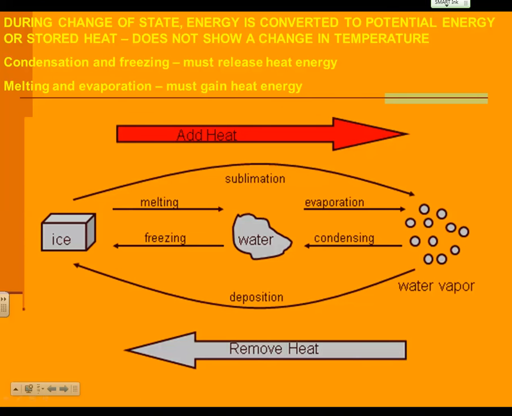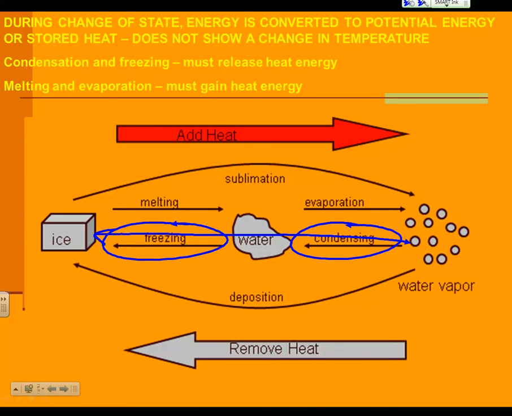Okay, during change of state, energy is converted to potential energy or stored heat, and this doesn't show a change in temperature. This is why the line stays flat for any phase change. It also mentions up there that condensation and freezing must release heat, and that's these two things. Must give up heat to go this direction, so there's our remove heat.